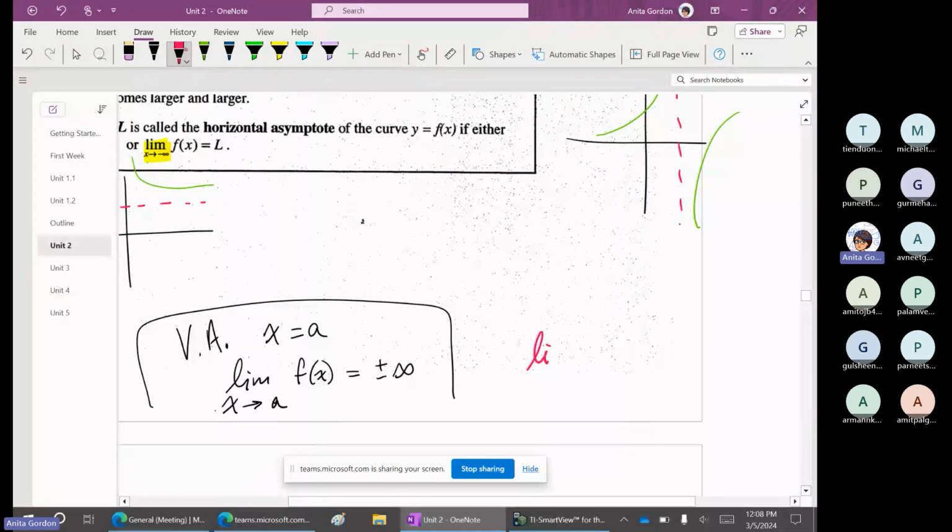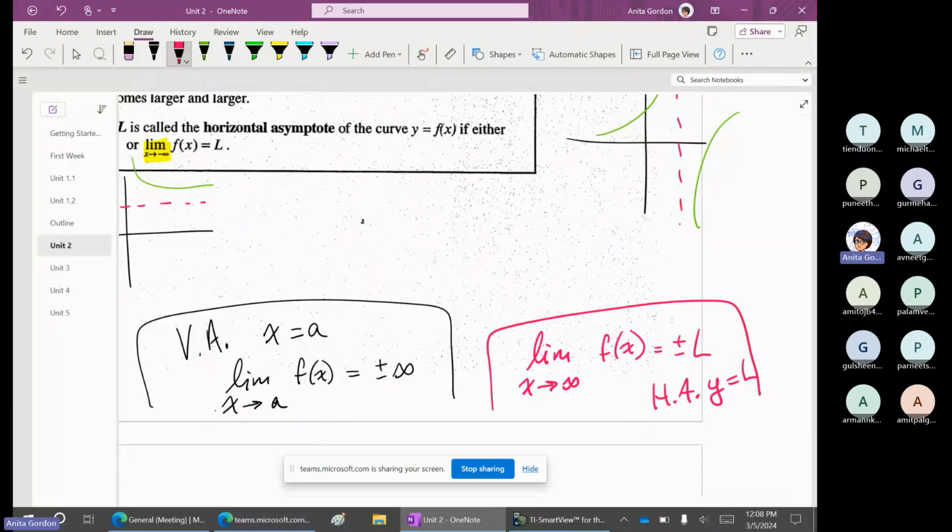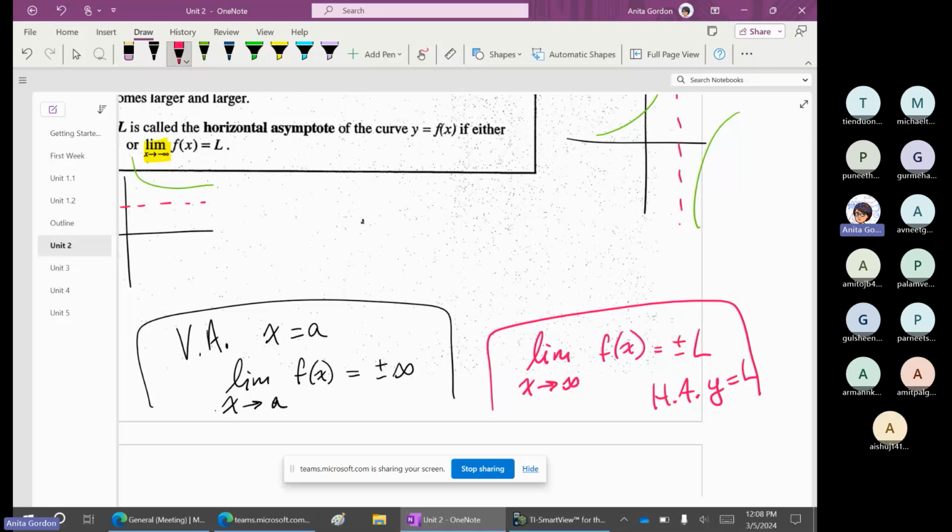However, if we let x go to infinity and the function gives us a number, then we have a horizontal asymptote at y equals L. Okay, so note the differences. Where is the infinity sign? For vertical asymptote, we're testing a point. For horizontal asymptote, we are testing the ends of our graph. What happens at infinity?